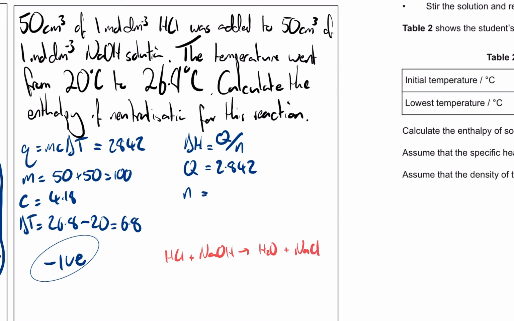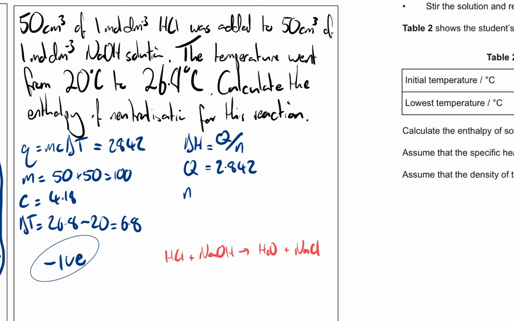Okay, does anything need to be balanced? 2 hydrogens, 2 hydrogens, 1 Cl, 1 Cl, 1 Na, 1 Na, 1 oxygen, 1 oxygen. Happy days, so that's good. I don't need to change these values. What I do need to work out is, have I got any of these in excess? So I need to work out the moles of both.